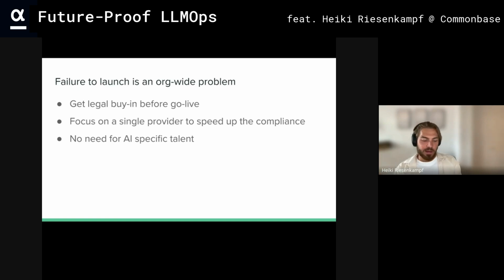So you do not need specific talent for that. Try to get everyone on the existing teams on board with what it means to use LLMs, and also how to maintain them when you go into production. So talent should never be a stopping point when thinking about that pivotal step.